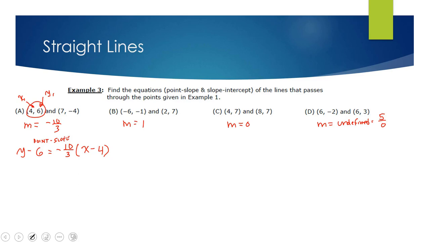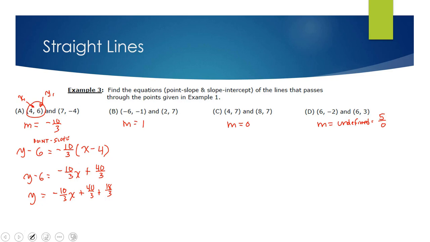If I wanted to put this into slope-intercept form, it wouldn't take much more effort. I would first have to simplify the right-hand side. And then I'm going to add 6 to both sides. Basically, I want to get y by itself. So negative 10/3 x plus 40/3 plus 18/3, because that's what 6 is.